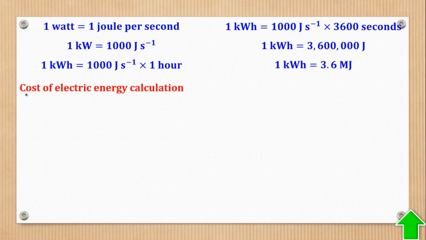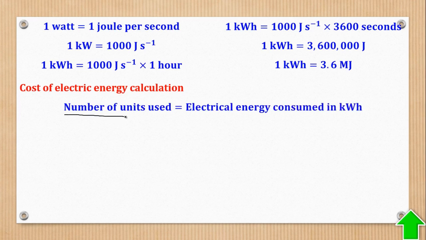Now for the cost of electrical energy calculation, the number of units used is equal to the electrical energy consumed in kilowatt hours. Know that energy is equal to power times time. So the power will be in kilowatts and the time will be in hours.